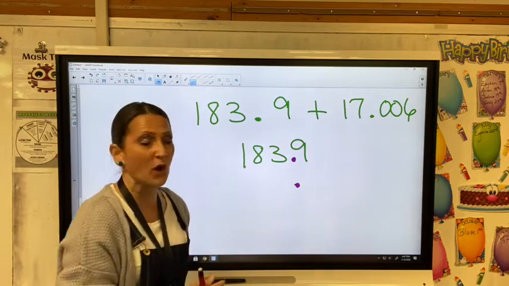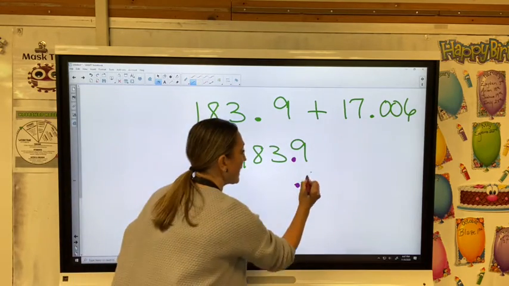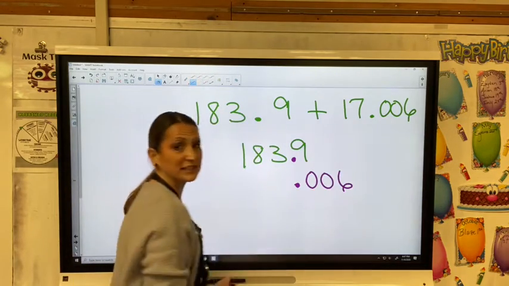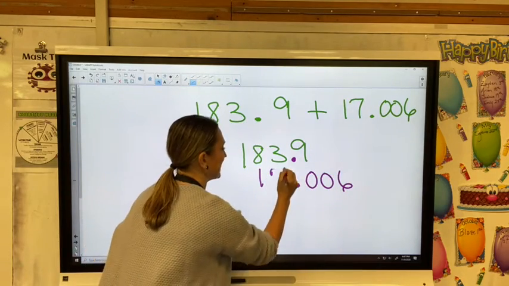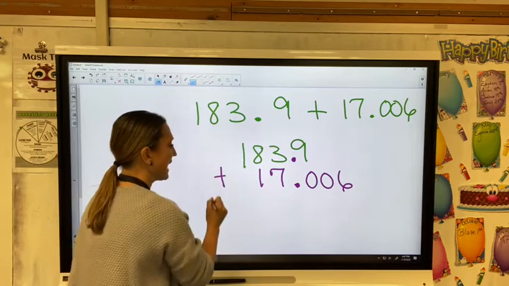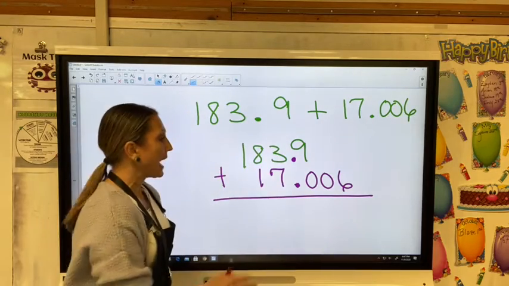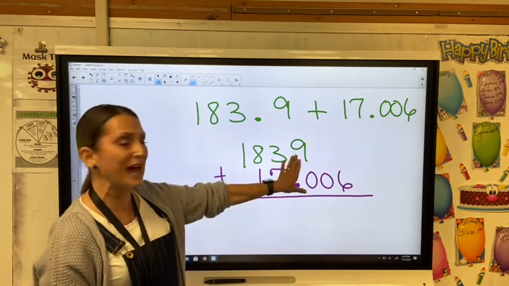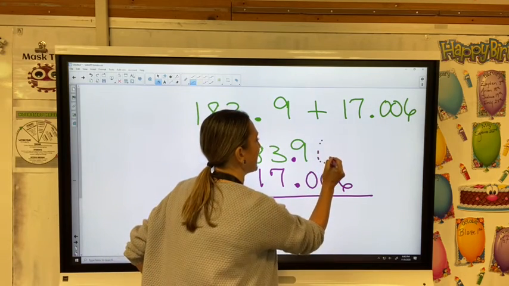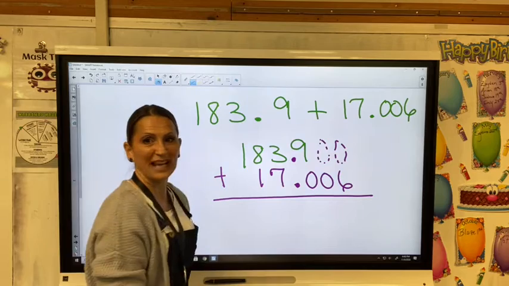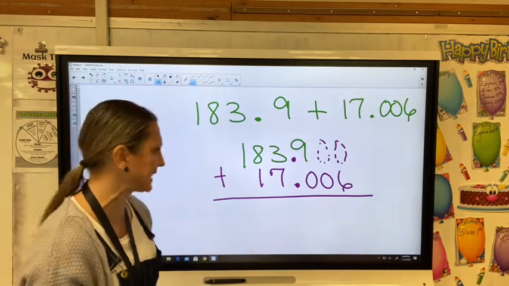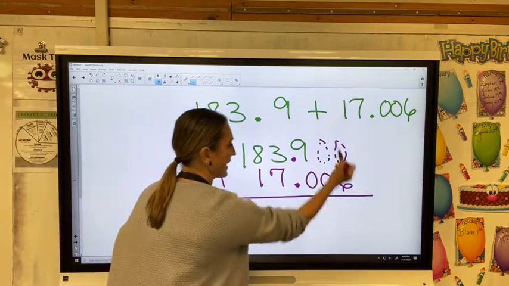I usually just go ahead and say, place it first. Then put my 006 to the right of the decimal. Put my 17 wholes to the left. And add that up. I can pretend like that decimal's not there by putting placeholders behind the 9. Now the numbers look like they're the exact same length. And then I can go ahead and add it.